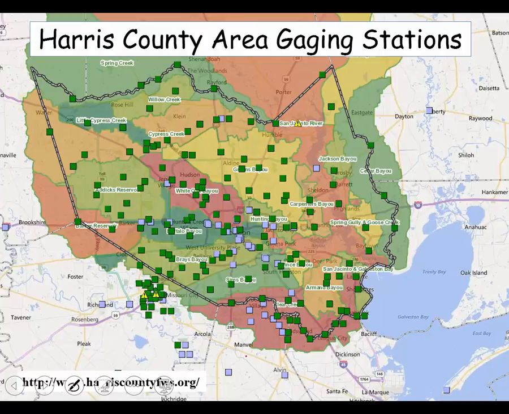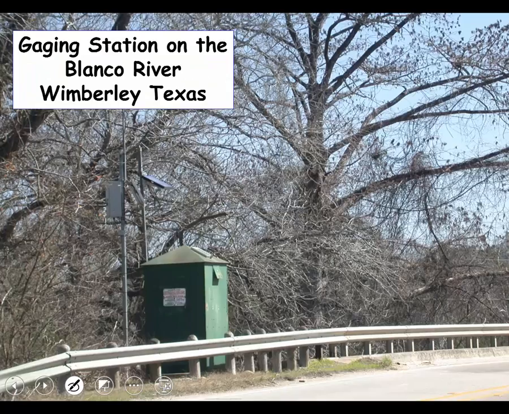And urban flooding with small drainage areas with a lot of concrete means there's a very short lag time between the intense rain and the intense flooding. We don't have a lot of time. And so we need real-time monitoring, which means the USGS has some stations here, but most of the stations are operated by the Harris County Flood Control. Okay, so we have a dense network of stations here.